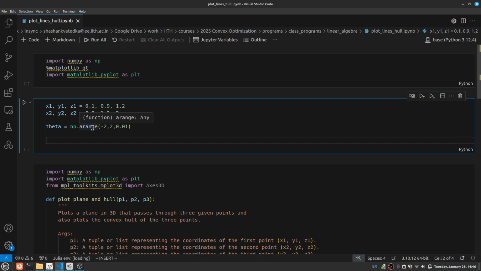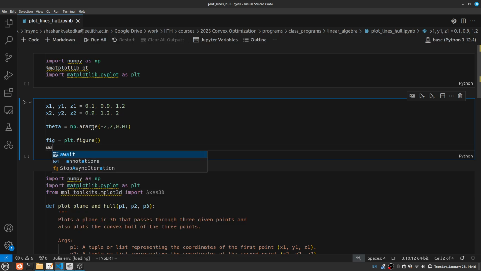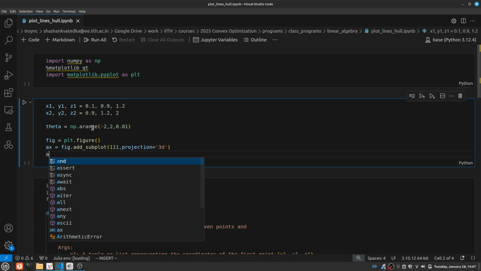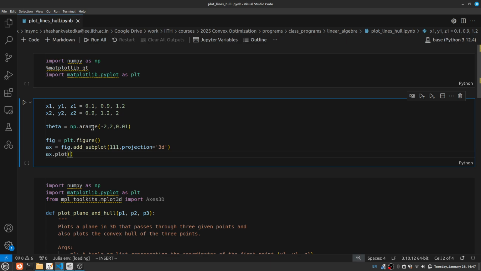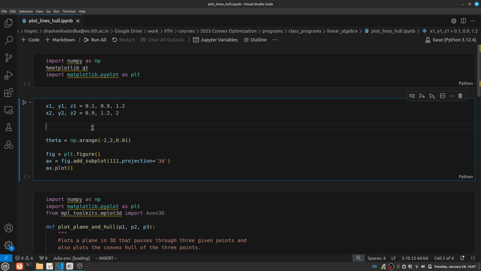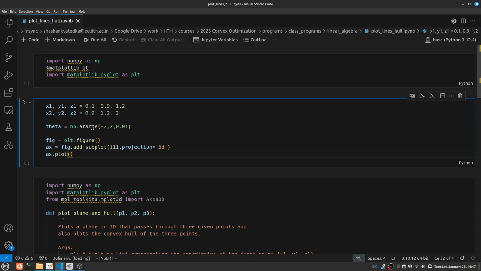So first I need to define a figure. I want a 3D plot, and let me plot, let's say, z1, theta times x2 plus 1 minus theta x1.